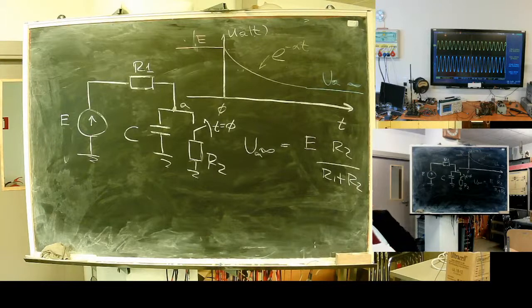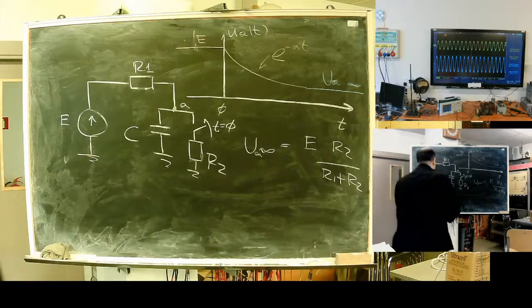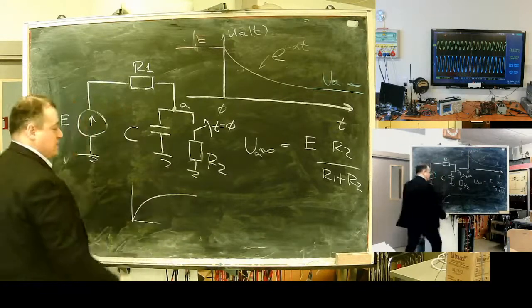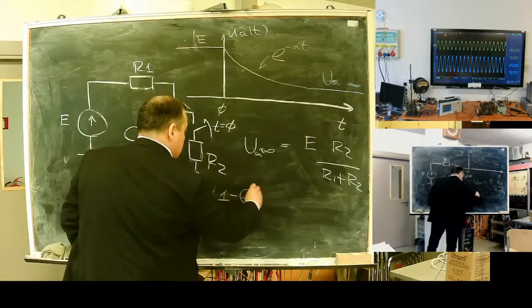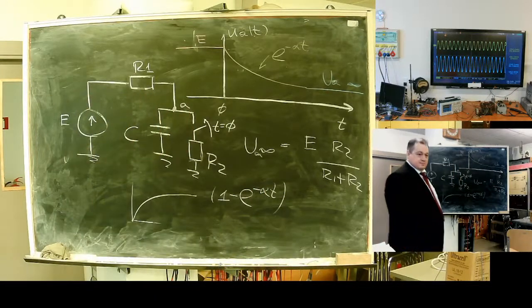Can you believe this process will go like this, or should I assemble this circuit? The process is understood, but with this only discharge, what about the charge? What's the difference between charge and discharge? The only difference: discharge goes this way, and charge of the capacitor goes like this. It will be 1 minus the exponent, the only difference.